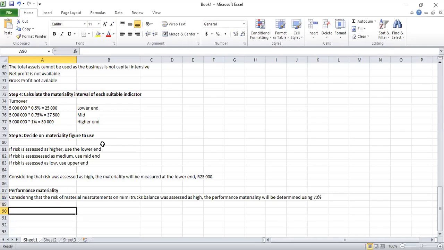So this one will be for line items then. So we'd say our performance materiality will be a percentage of the planning materiality multiplied by 25,000. What do we get? 17,500.